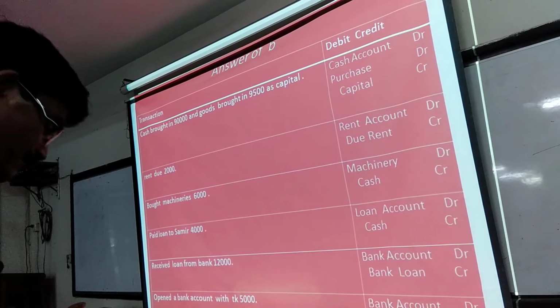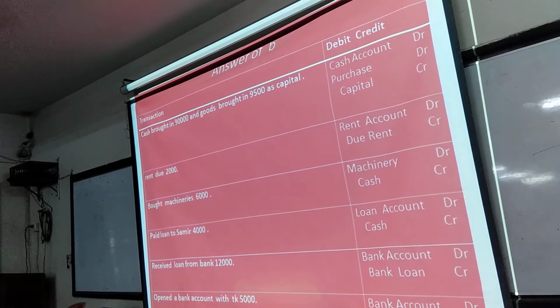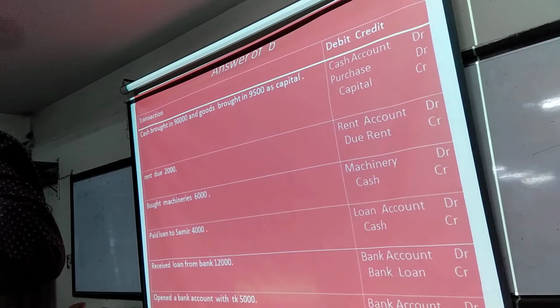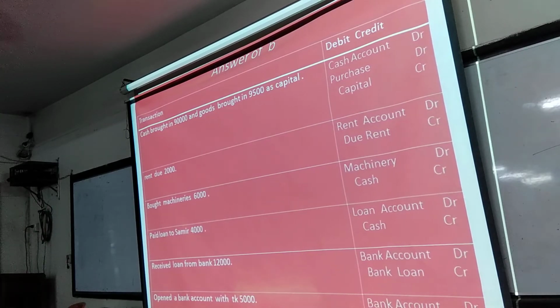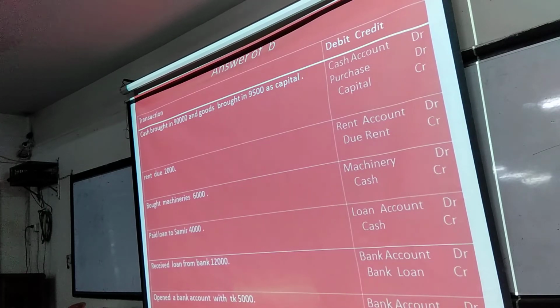Draw two columns. One column is transaction and the other is debit and credit. Cash brought in 90,000. Goods brought in 9,500 as capital.